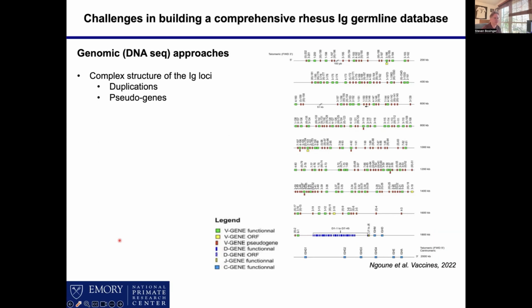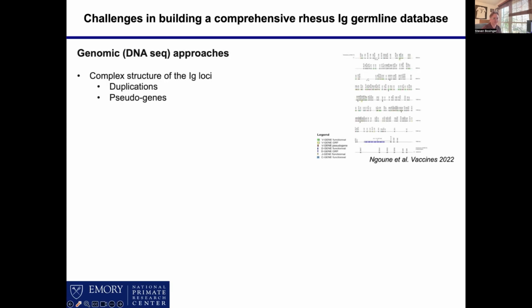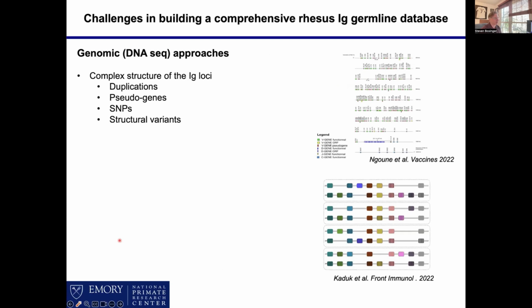There are lots of duplications and pseudogenes. There are a lot of structural variants, so what looks like a particular allele or gene in one animal might be in a completely different area in another. And it's also still a challenge to understand from sequence alone which of these alleles is actually functional and used in the actual B cell repertoire.